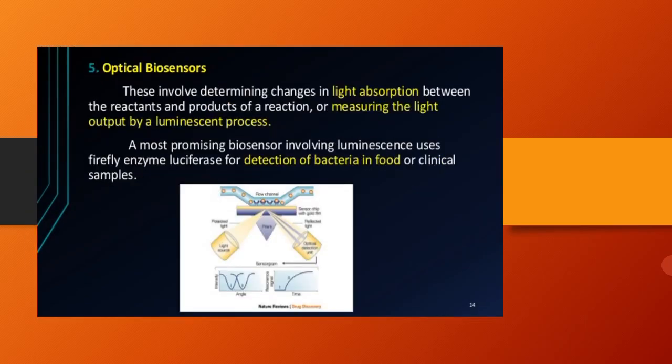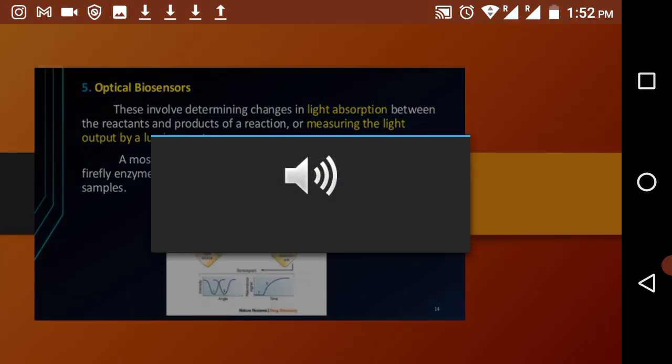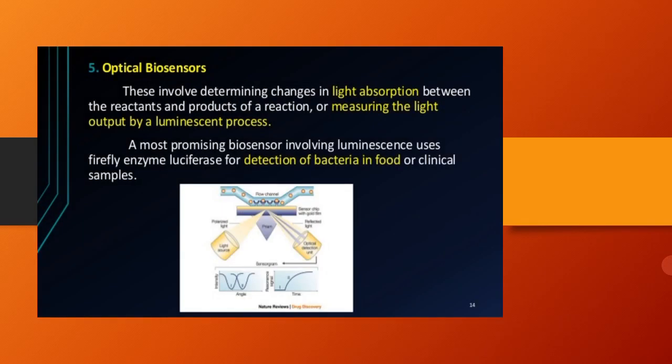Now the fifth one is the optical biosensor. As we all know, optical means light, right? So this involves determining the changes in light absorption between the reactant and the product of the reaction, or it can involve the measurement of light by a luminescent process.